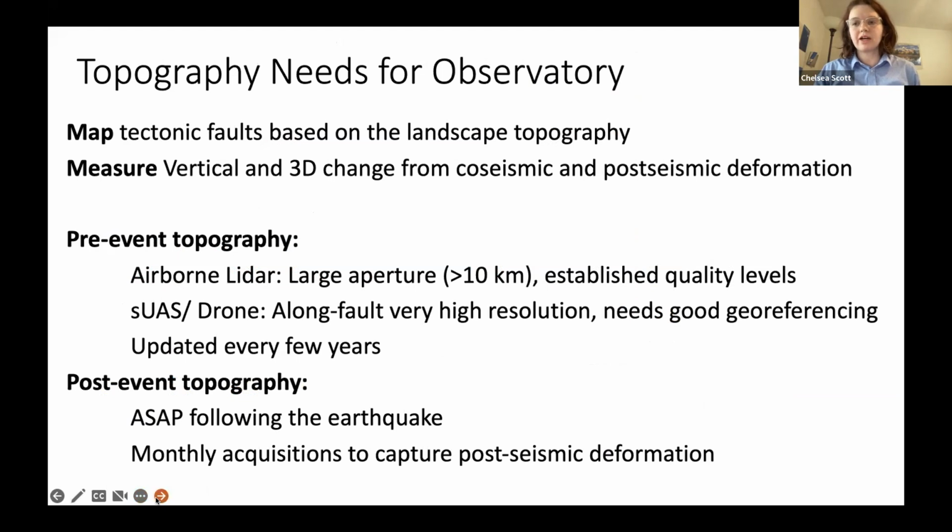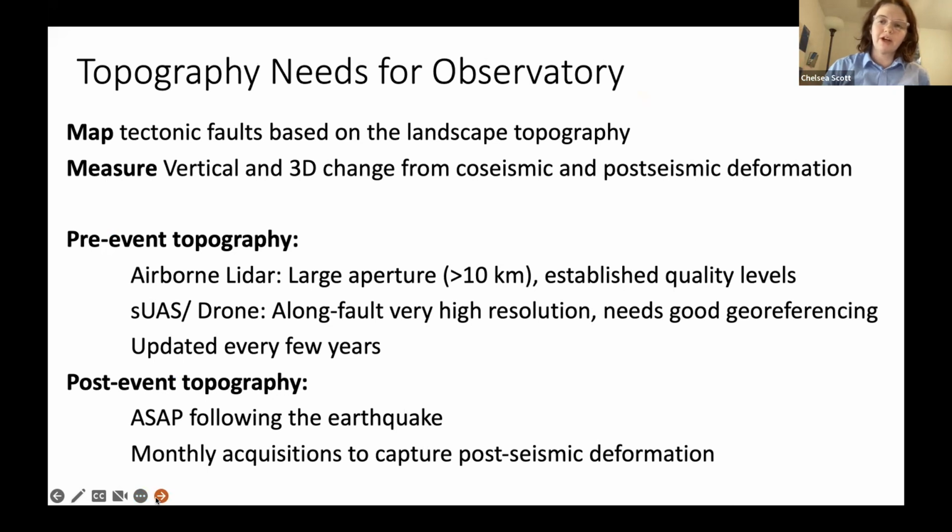So in summary, I would like to propose some needs for using topographic differencing in the observatory. We can use topography and topographic differencing to map faults based on the landscape geomorphology. We can measure 3D and vertical change due to the coseismic and post-seismic deformation.